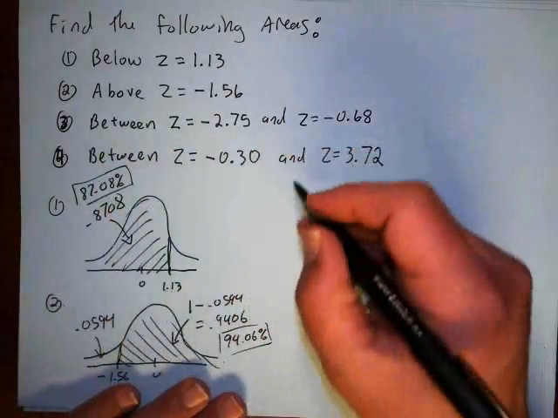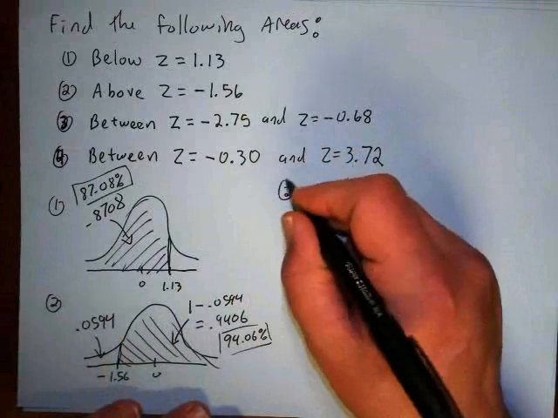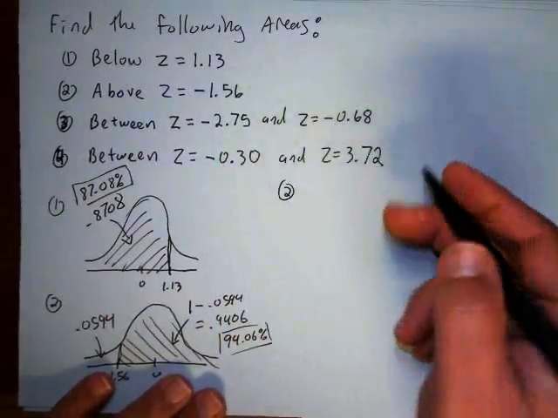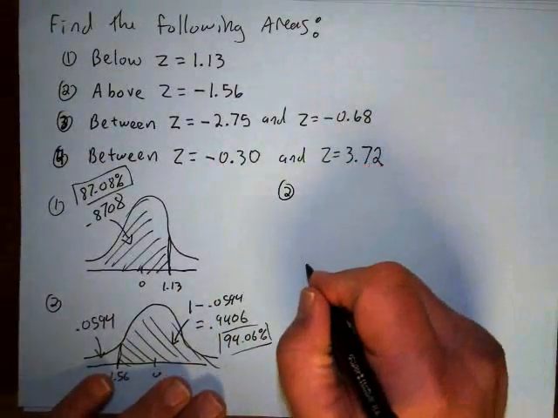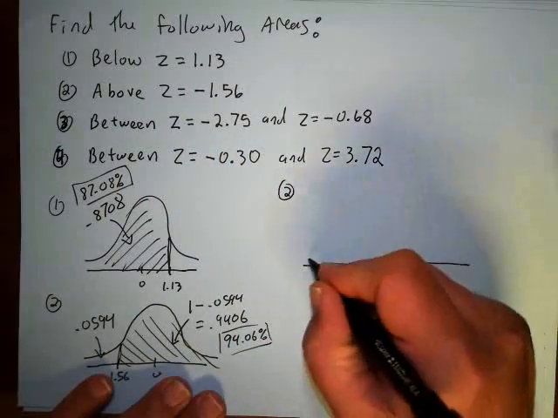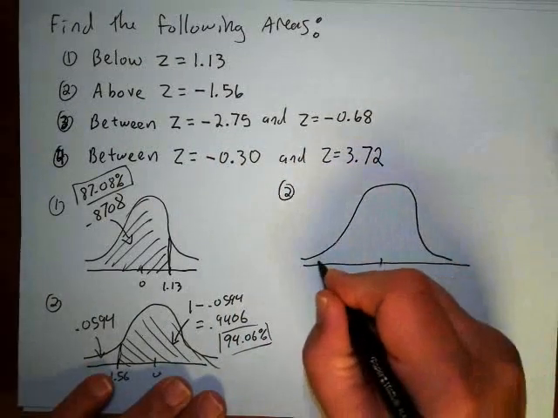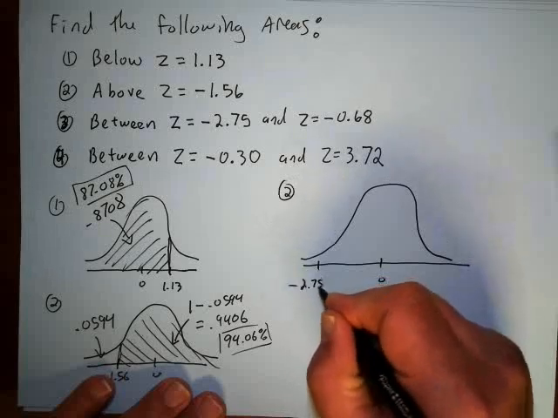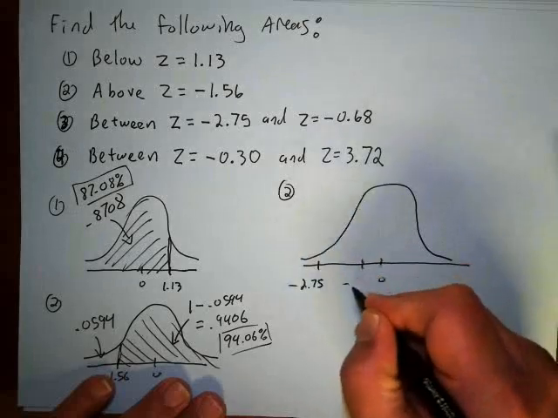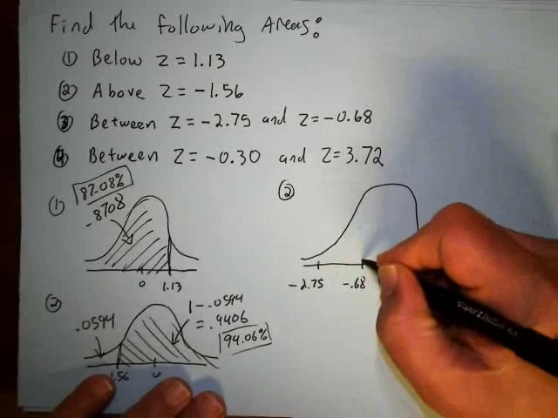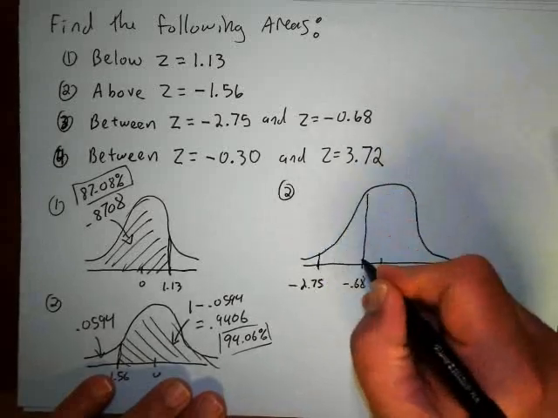So now this wants me to find the area between negative 2.75 and negative 0.68. Both of these are below the mean. One is way out here, and one is closer to the center. And I want to find the area between these two.